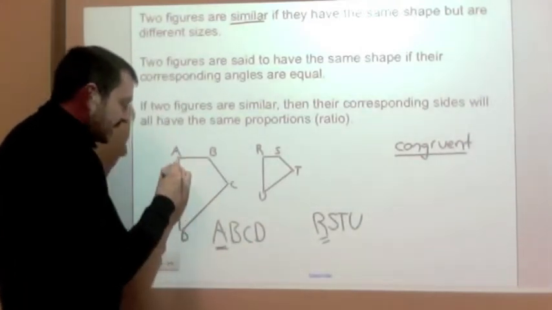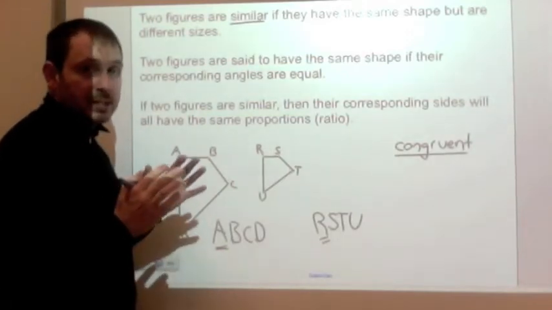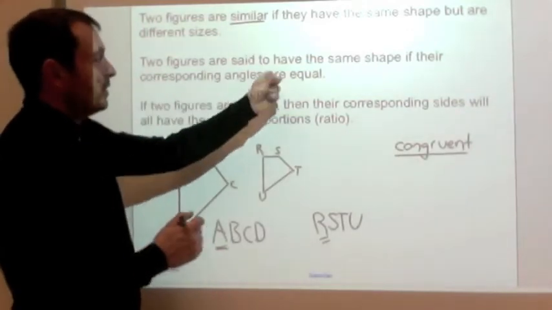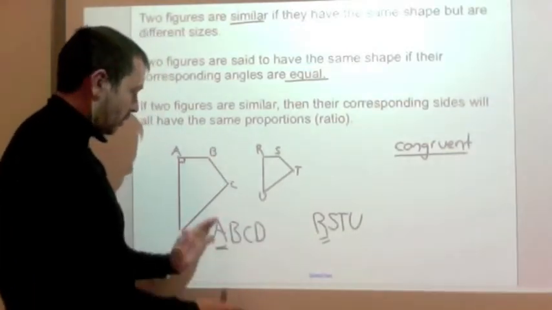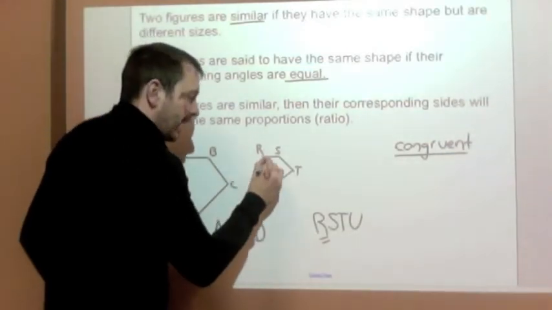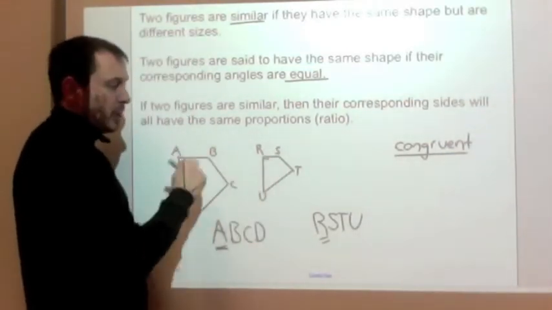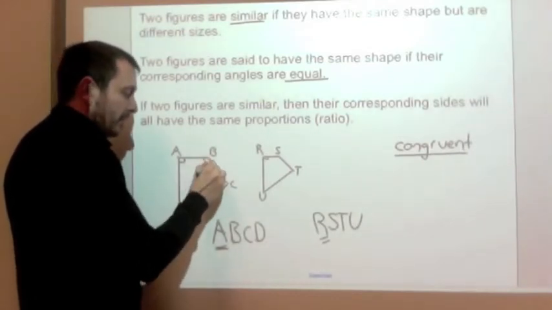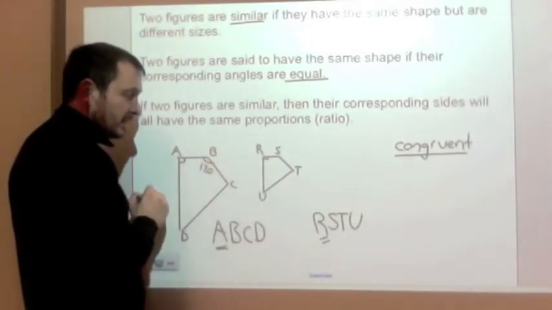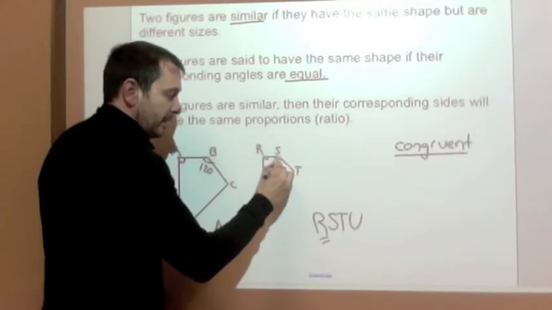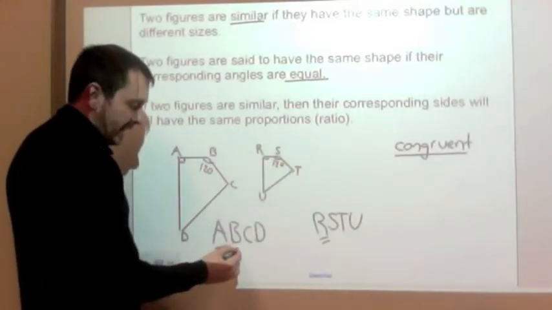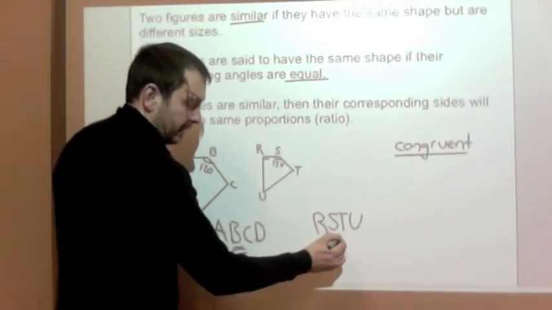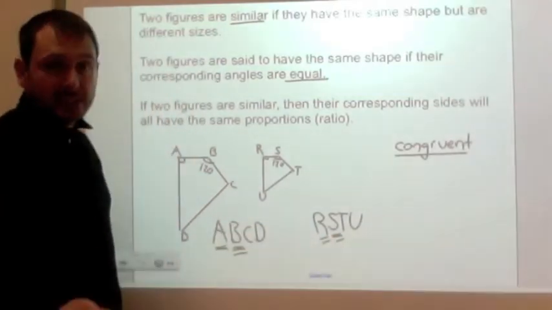So if A is 90 degrees, in order to be similar, corresponding angles are equal. So angle A is 90 would mean angle R would have to be 90 because they're both the top left. If angle B was 120 degrees, then angle S would have to be 120 degrees because the second one has to be the same as the second one if they're similar.